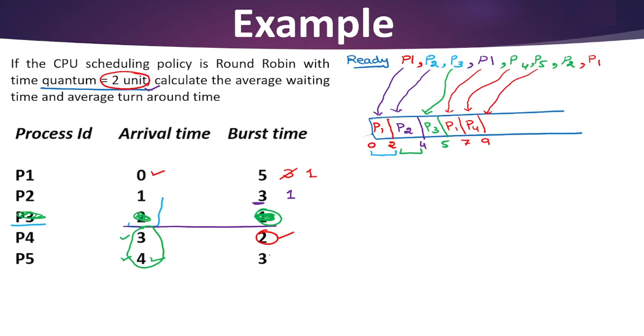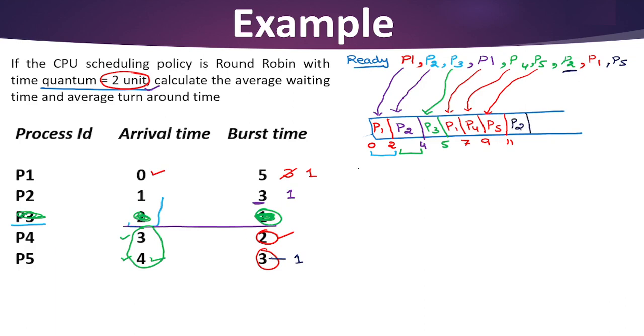Process P5 wants CPU for 3 seconds, but we allow it for 2 seconds only, so 9 plus 2 is 11 here. Here 1 is left, so we will add process P5 back to the ready queue.